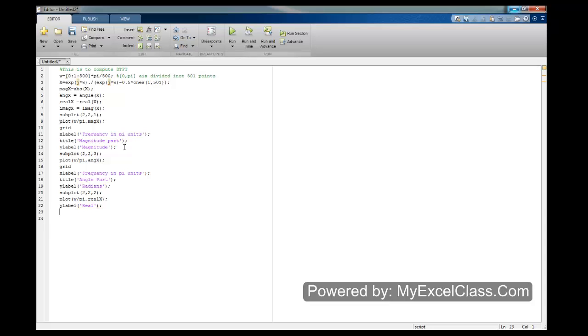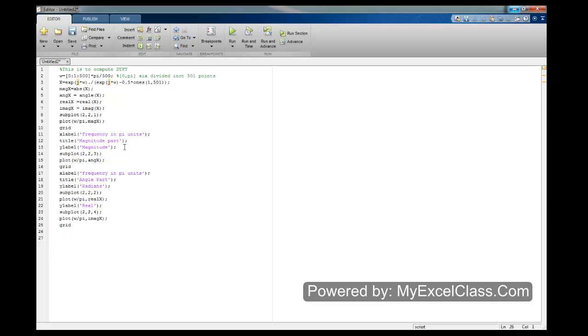Okay, now subplot 2, 2, 4, close. Plotting omega divided by pi, comma, imaginary x, the imaginary part of your signal, and grid is on.